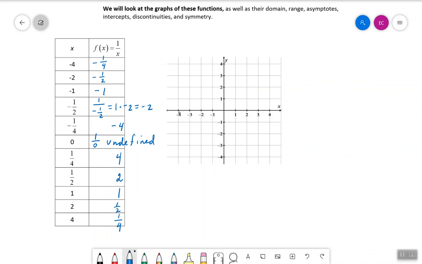Okay, so we can go ahead and plot these points and connect them up with a smooth curve to see the graph.